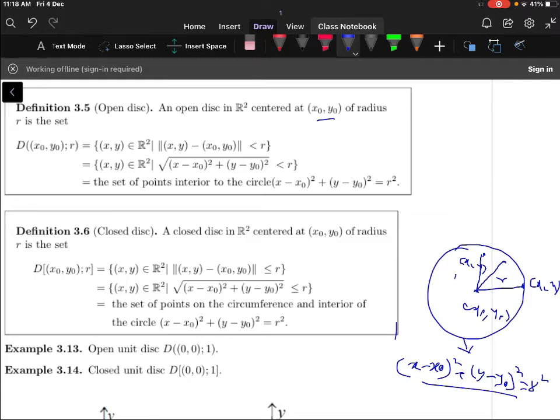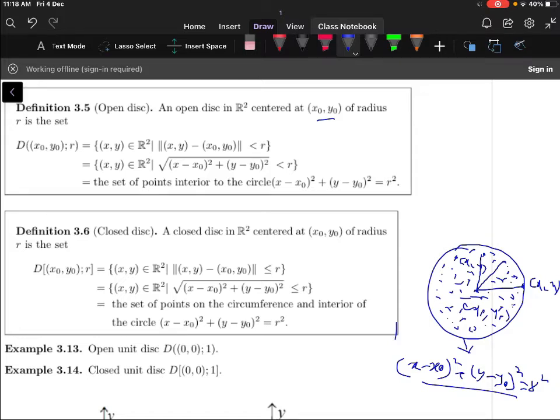So open disk is a region. It contains all interior points to the circle, that is x minus x0 whole square plus y minus y0 whole square is less than r square.